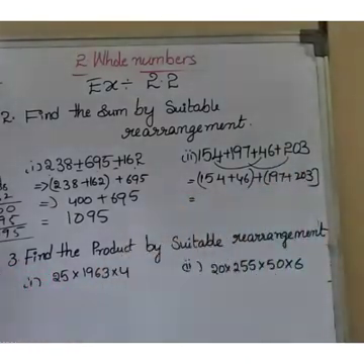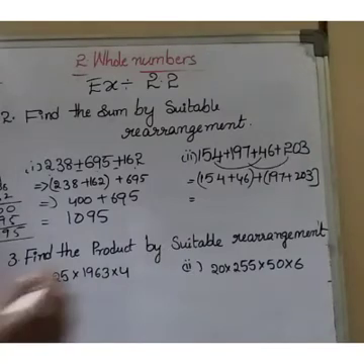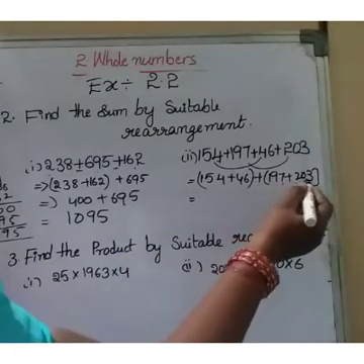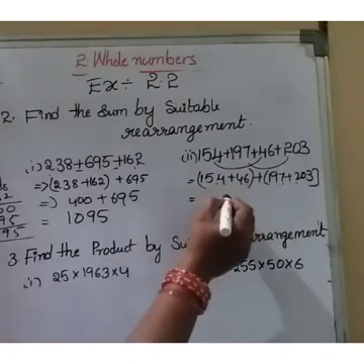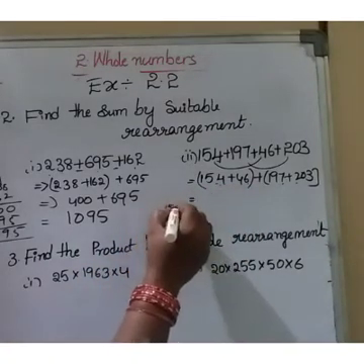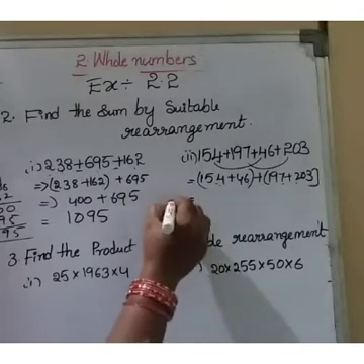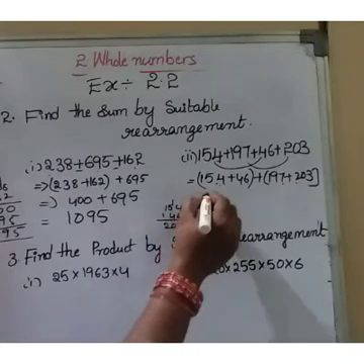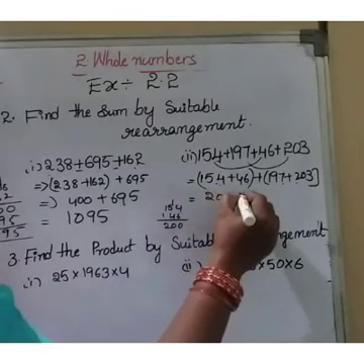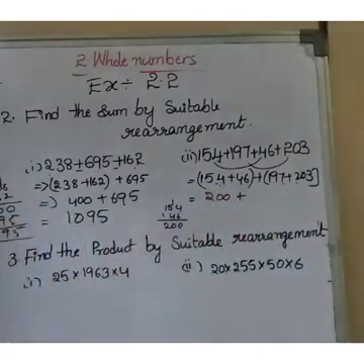Okay, 154 plus 46, 197 plus 203. When we add these two, 6 plus 4, 10, 5 plus 5, 10, 200.